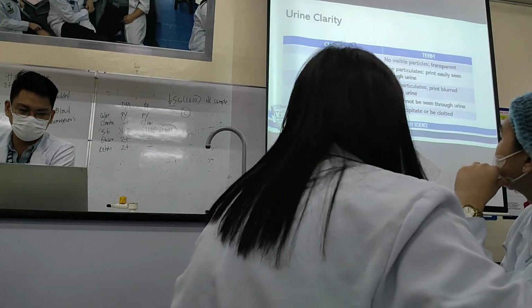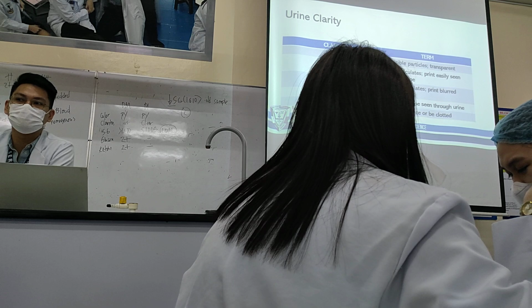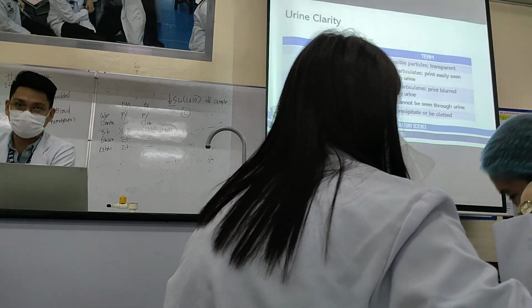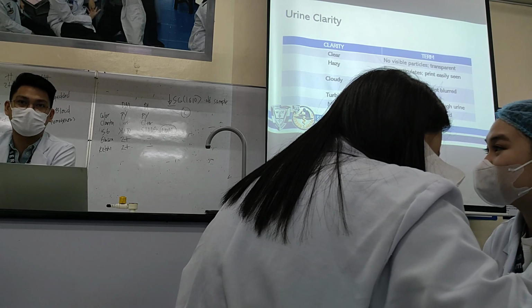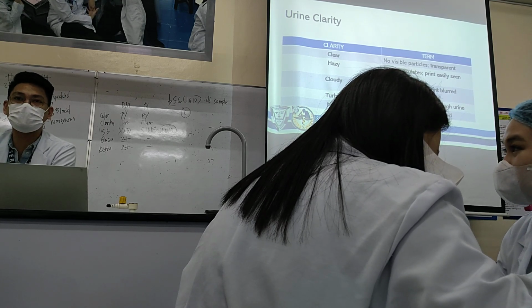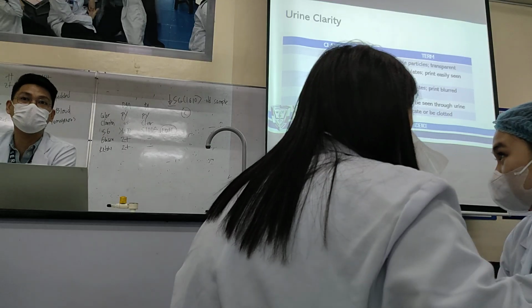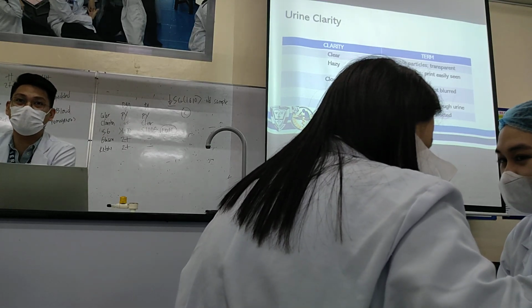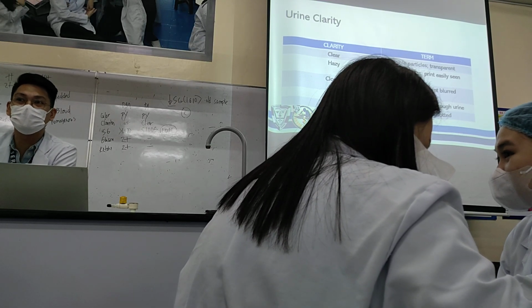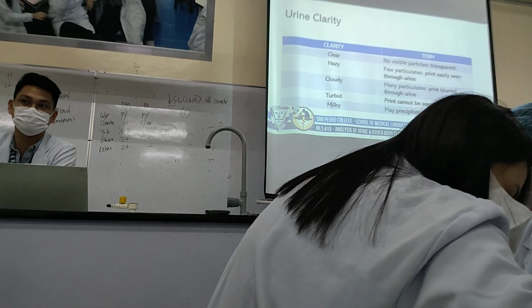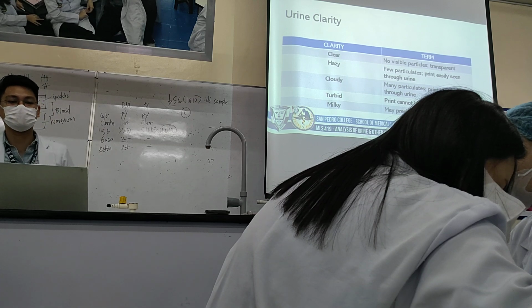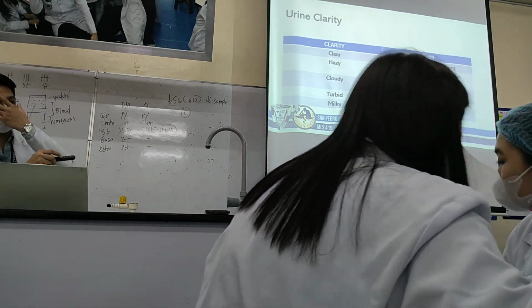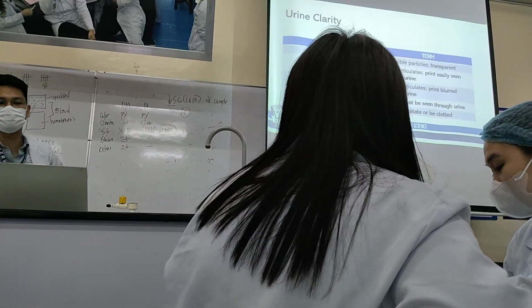Sa pinaka-most common na maging milky ang urine, if you have parasitic infection, a parasite causing lower lymphadenopathy, Wuchereria bancrofti. One manifestation is hydrocele, may malaking testes. So that's why if may Wuchereria infection, this can contribute to a milky urine sample.